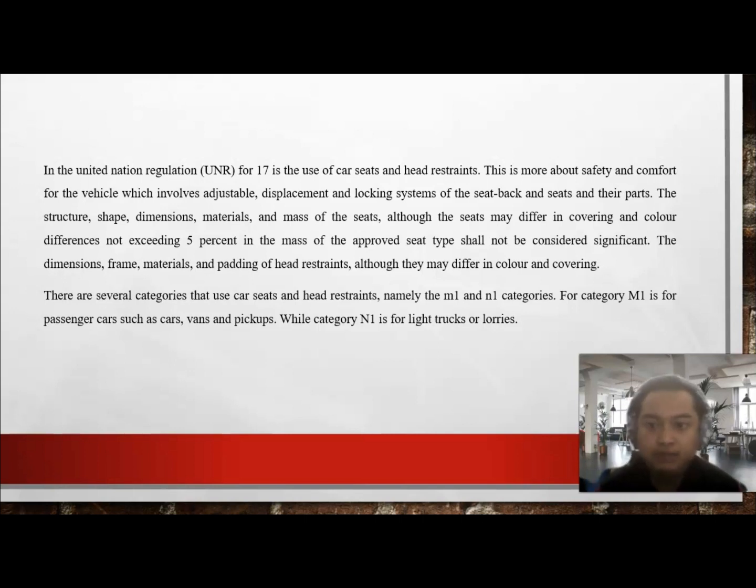The structure, shape, dimension, material, and mass of the seat, although the seat may differ in covering and color, not exceeding 5% in the mass of the approved seat type shall not be considered significant. The dimension, frame, material, and padding of head restraint, although they may differ in color and covering.